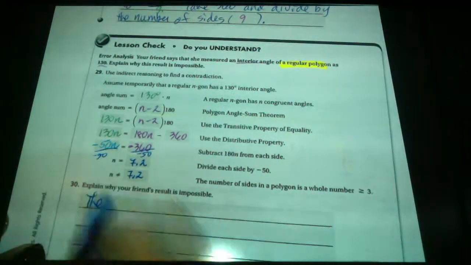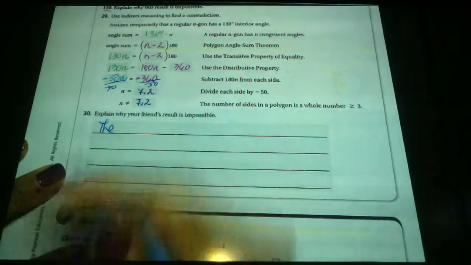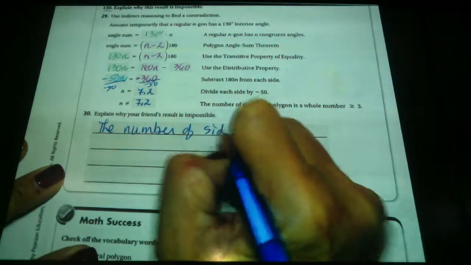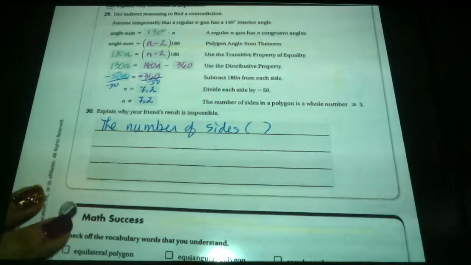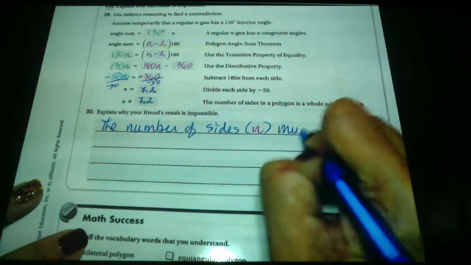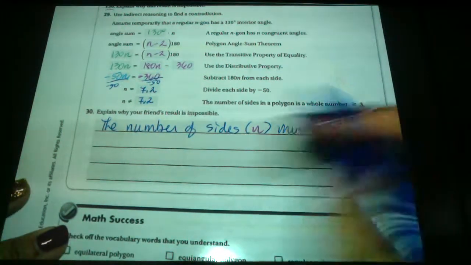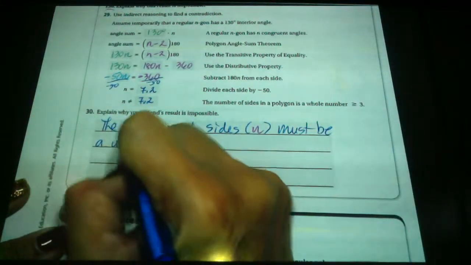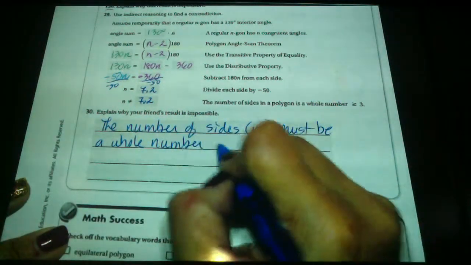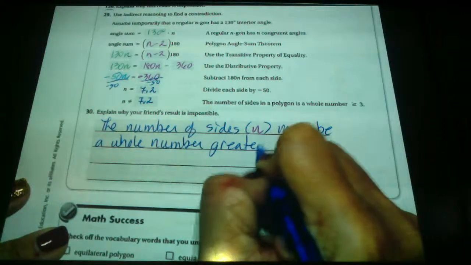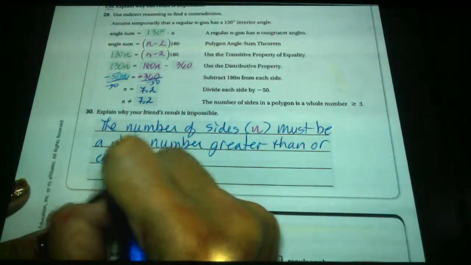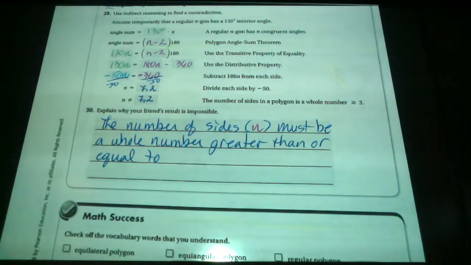The number of sides, in this case n, must be a whole number greater than or equal to what number?